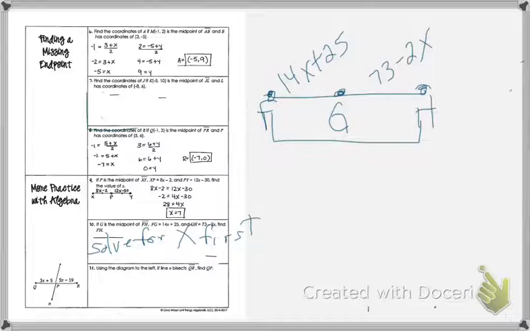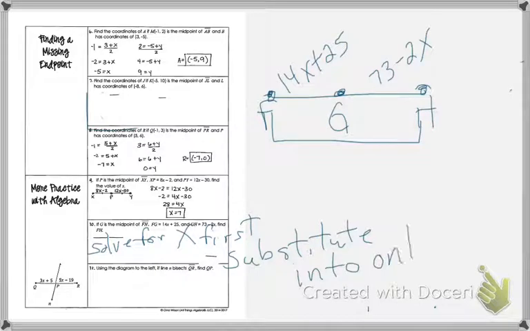That's not where we stop, because once we solve for x, then we're going to substitute into only one of them, because it's a midpoint, so they're both equal to each other. We just substitute into one and double it. Don't make your life any harder.